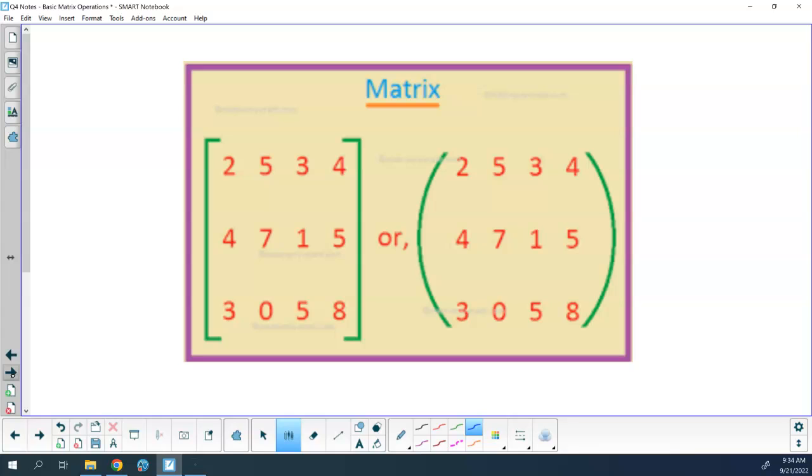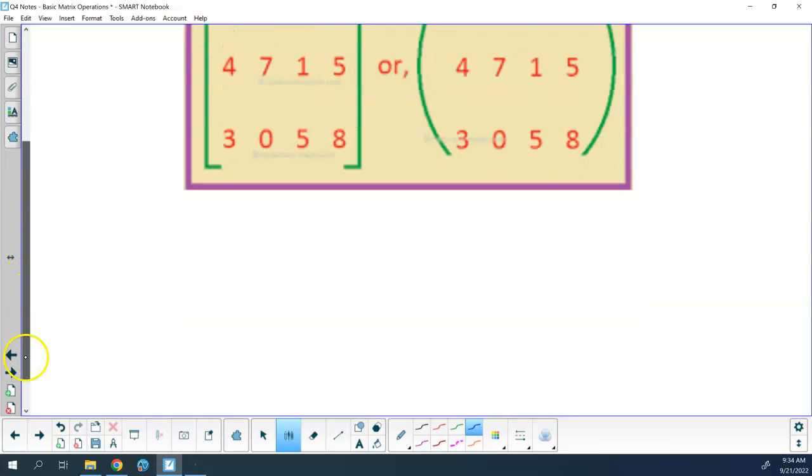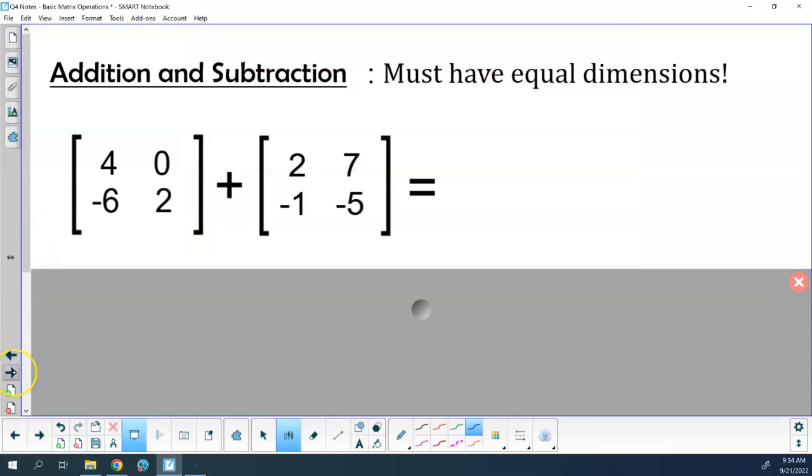So when we're asking for those things, we will have specific, unique elements. But just know that the same number can be in different elements. It doesn't always have different numbers. I don't think there's anything else here.